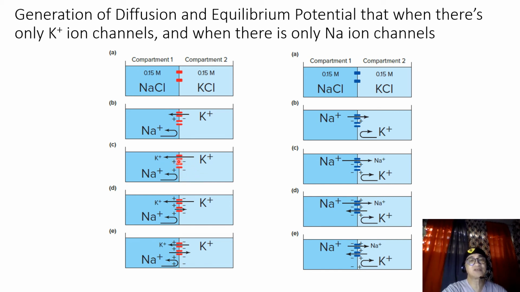So there is a charge difference now that is established, initiated first by the concentration gradient. But as more and more potassium moves across the membrane from compartment 2 to compartment 1, the diffusion of these potassium ions eventually slows down because of the charge that is building up at compartment 1.